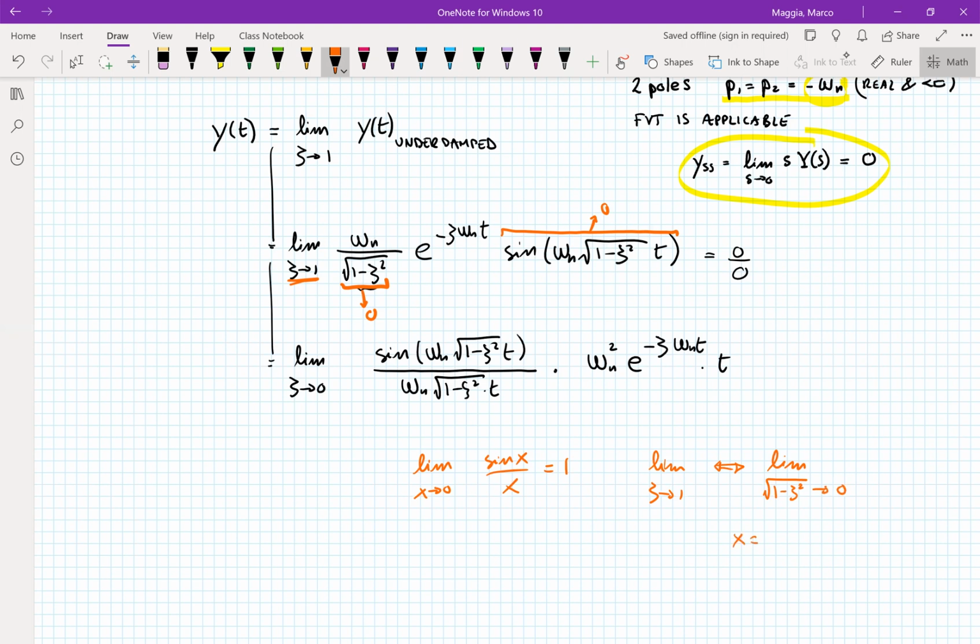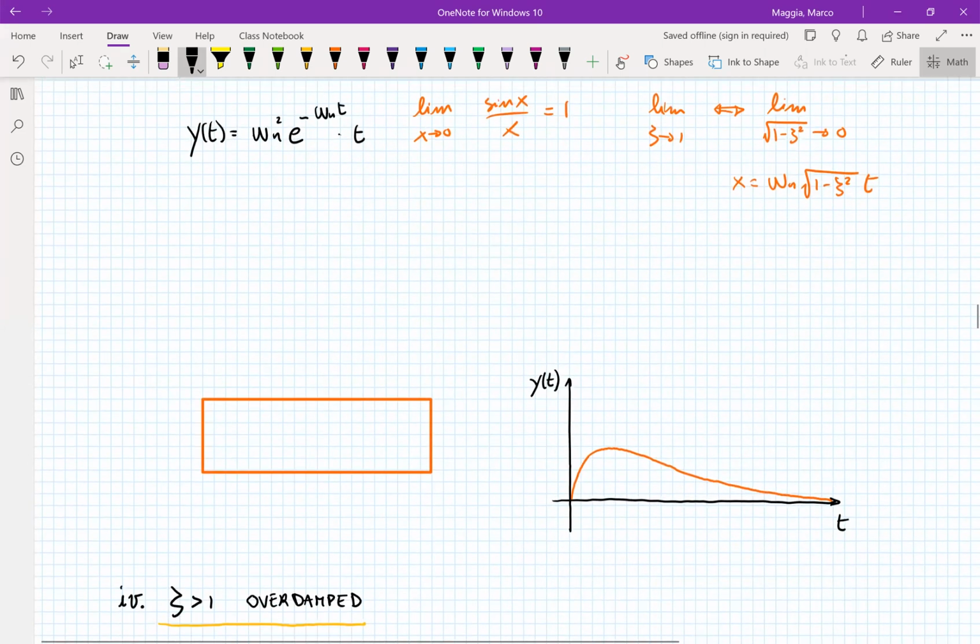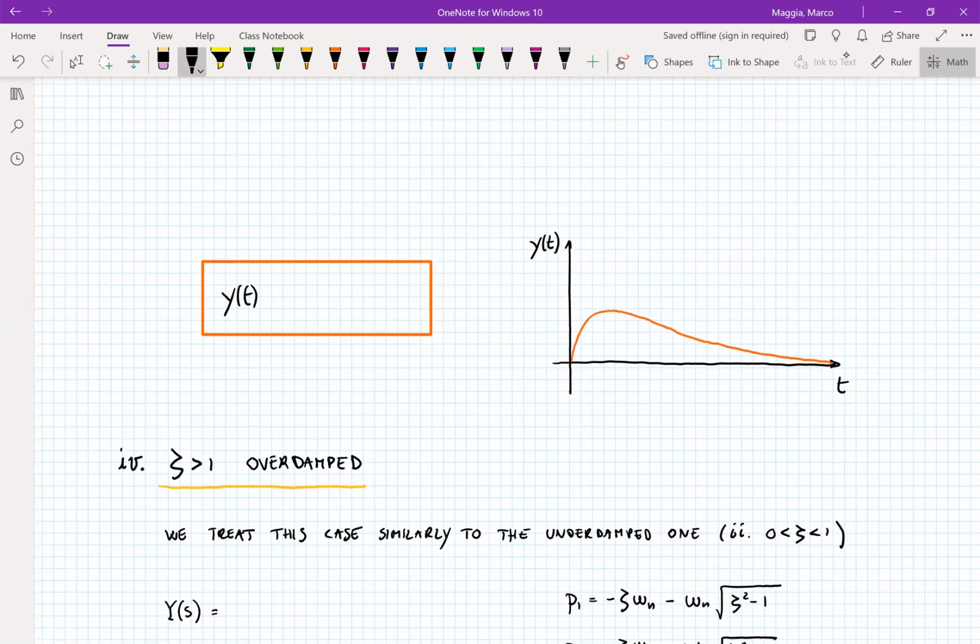And so in this case, x is equal to omega n square root of 1 minus zeta squared times t. So this whole limit here just goes to 1 as zeta goes to 1. So we're indeed left with the fact that y of t is equal to omega n squared times e to the power of minus omega n t times t. We can rewrite it over here in the box.